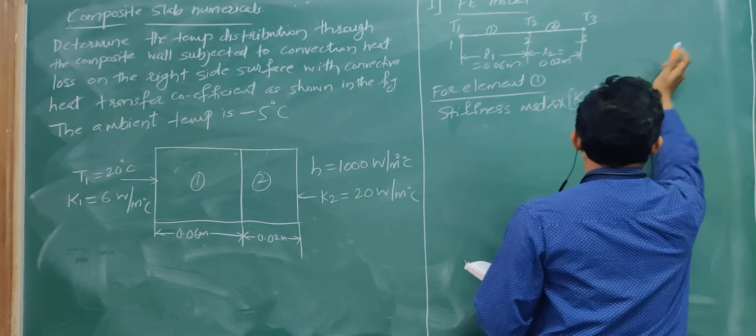Similarly, I'll calculate K2. For element 2, K2 is given as K2 A2 divided by L2 times the matrix [1 -1; -1 1]. The temperatures in this element are T2 and T3, node number 2 and node number 3.